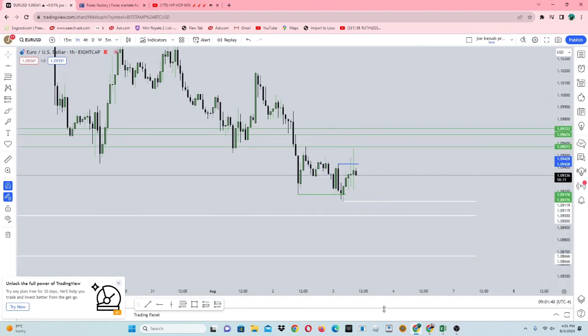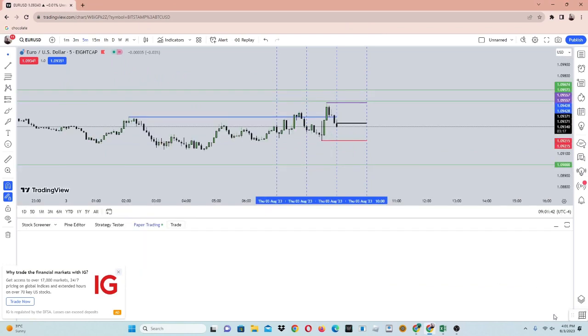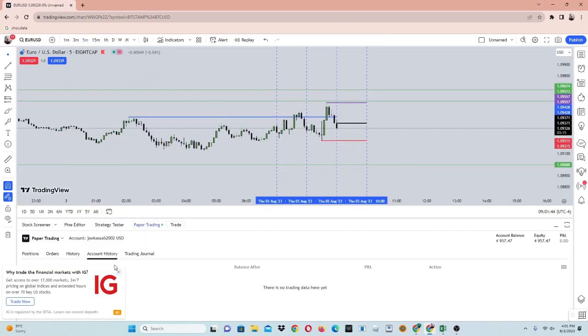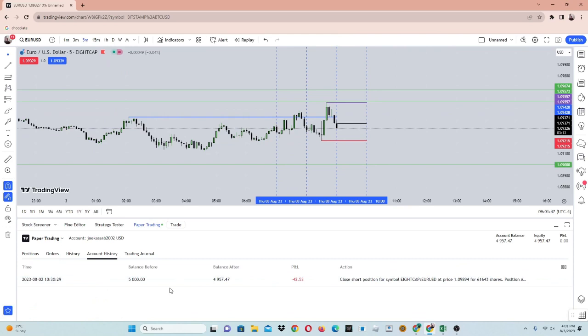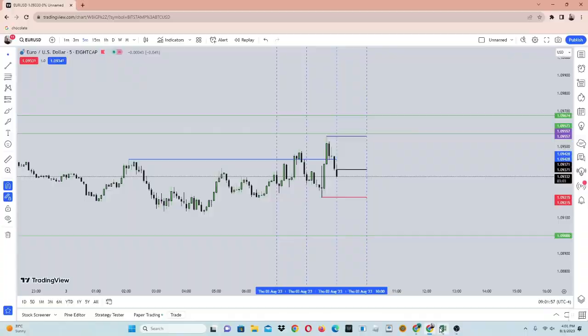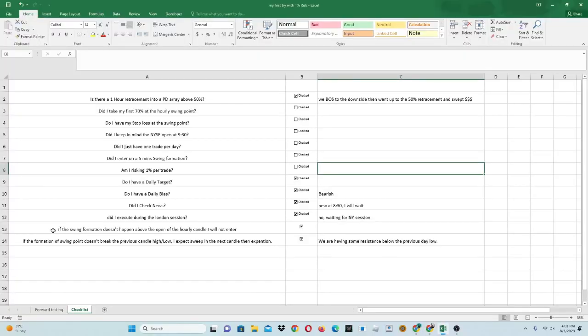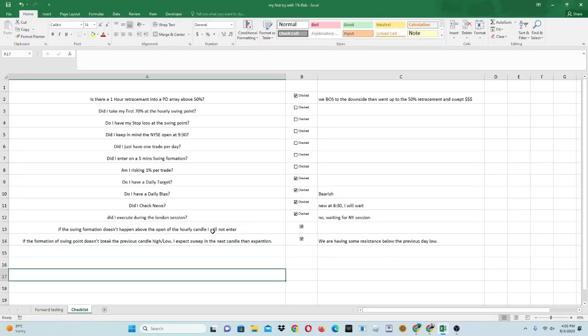I just took one trade this week. Okay, so it was on 2/8. I started a new month. It was a loss, and it was a loss because I did not have these two rules checked, because I didn't know them.